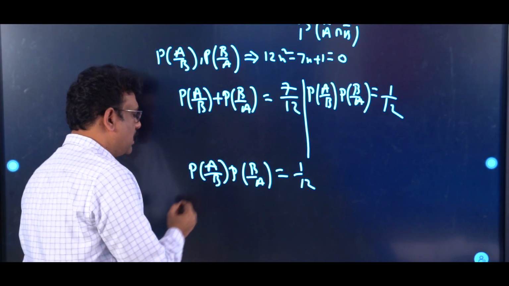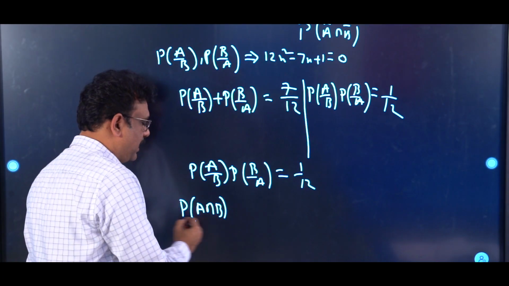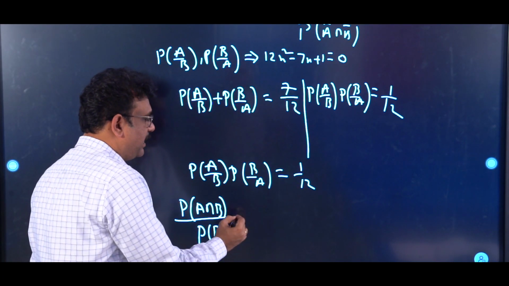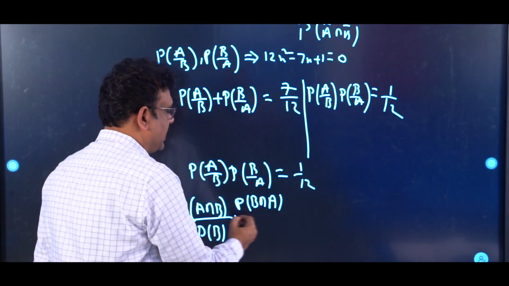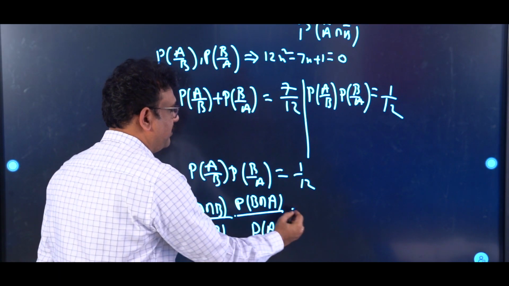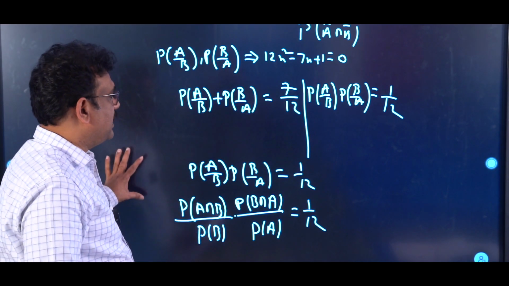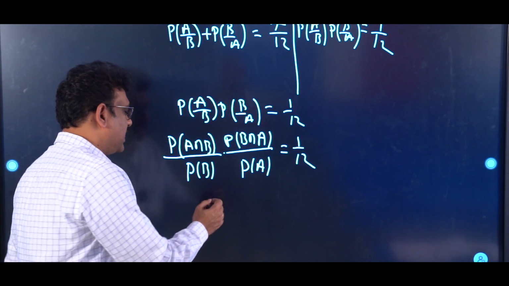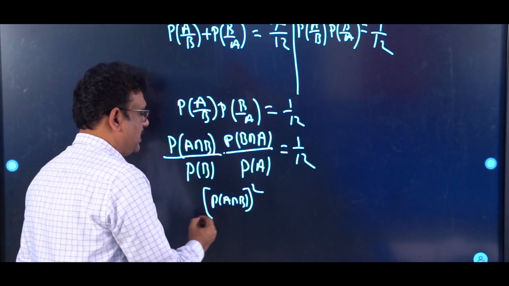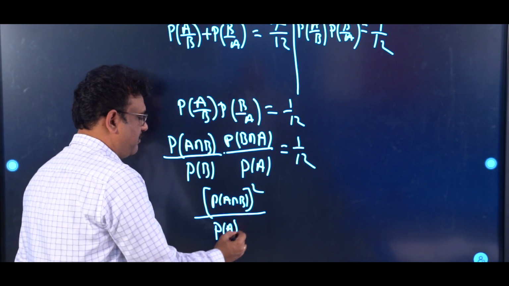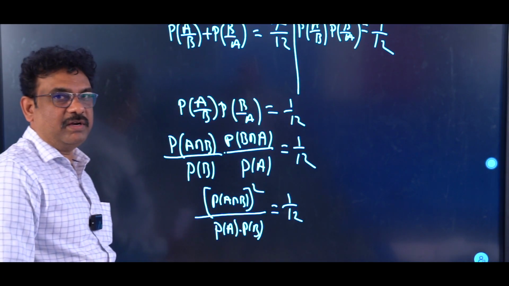Now by conditional probability, we write P(A ∩ B) by P(B) into P(B ∩ A) by P(A), that is equal to 1 by 12. So now we can write this as P(A ∩ B) whole square by P(A) into P(B) equal to 1 by 12.